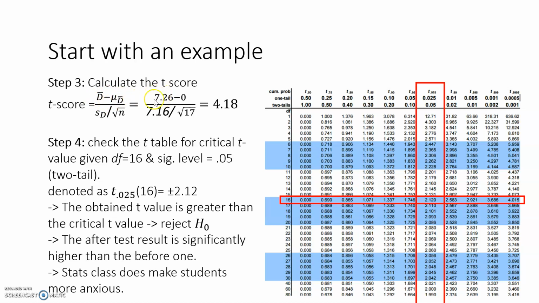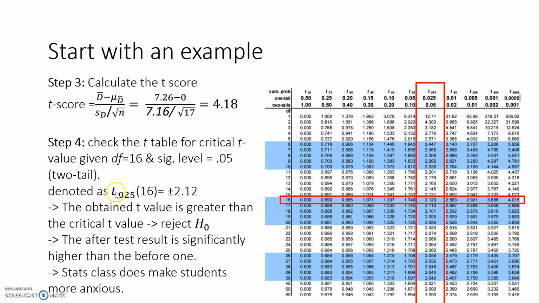Our observed sample mean is 7.26 minus 0, 0 is the population's mean, and then divided by the standard error gives us a t-score of 4.18. And the last step is we want to check the t-table for the critical t-value given the sample size of 17. So we have the degrees of freedom being 16, at the significance level of 0.05 with a two-tailed test setup.